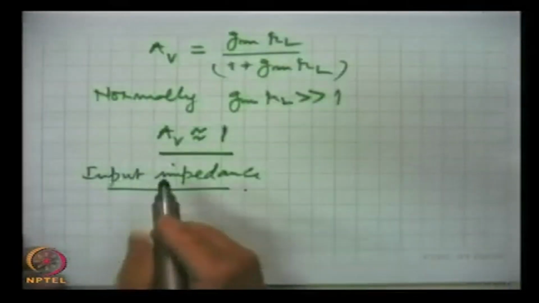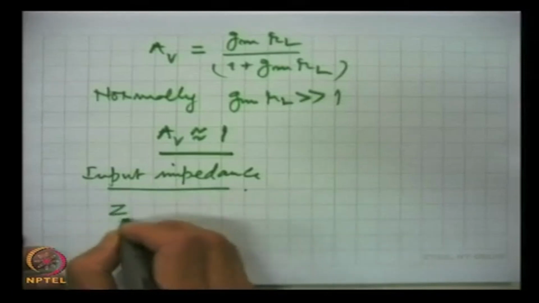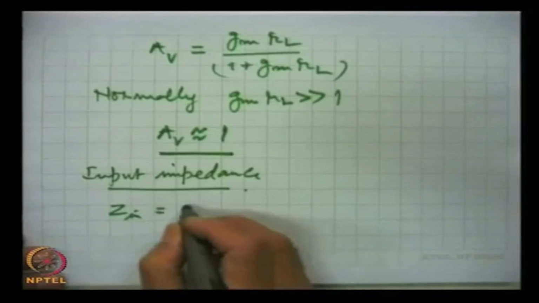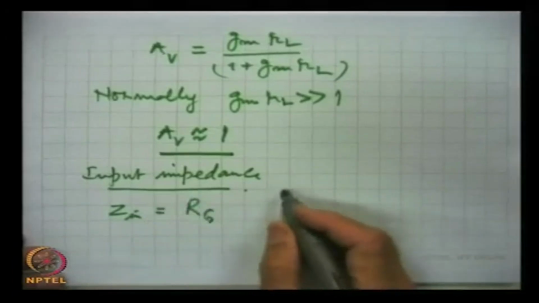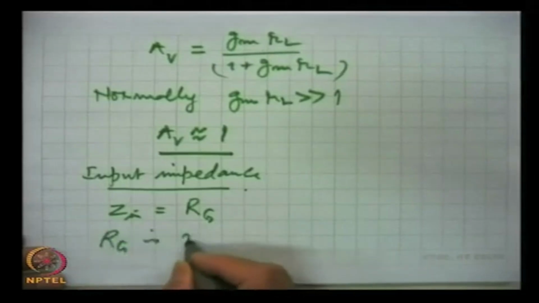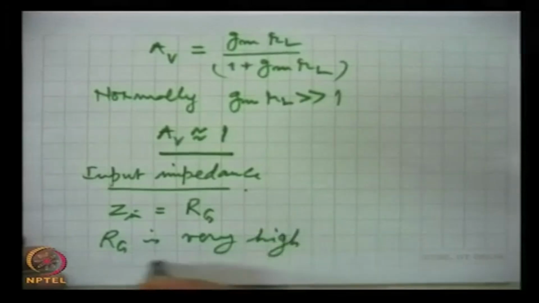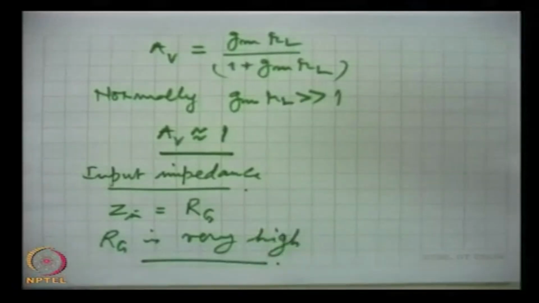So, the input impedance is high, Z in is equal to Rg and Rg is very high. Input impedance is very high, gain is 1, but let us see the output impedance.